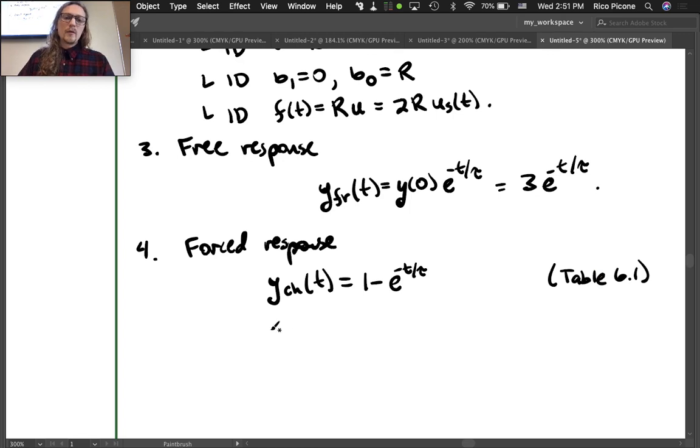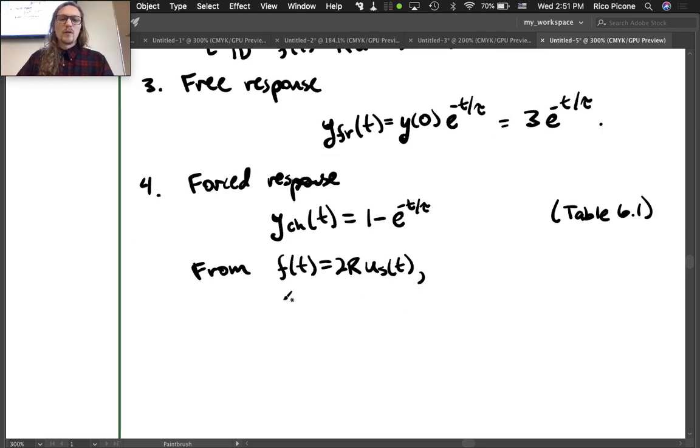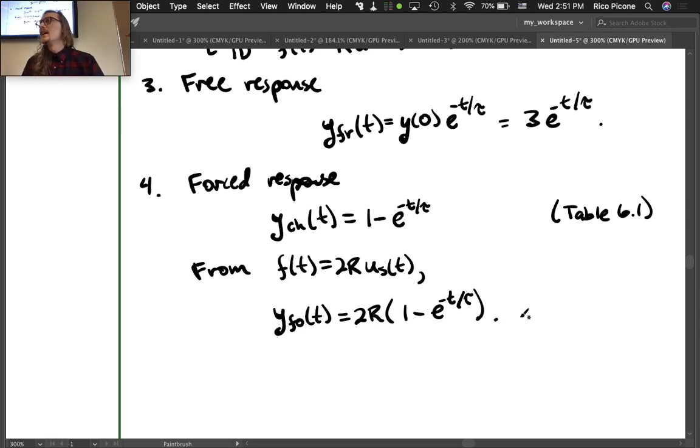And we know that from the forcing function being equal to 2R times the unit step function, we can say that the forced response is just going to be 2R times 1 minus e to the minus t over tau. So we have our forced response now. We used the characteristic response, and we used superposition to construct the forced response from it.